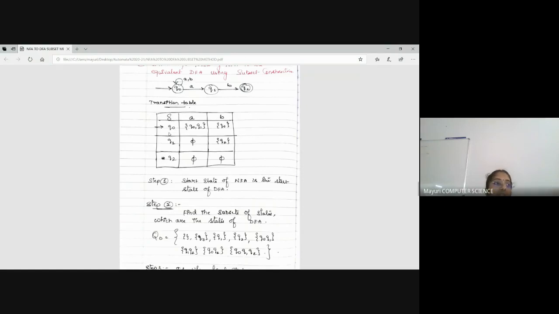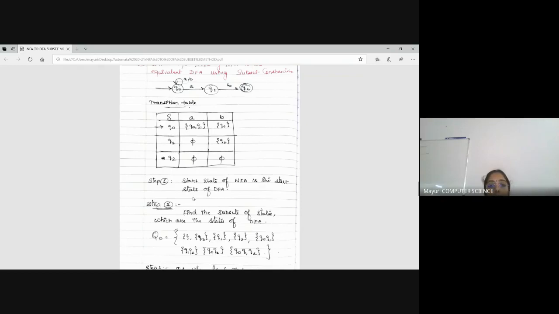Then what is the start state of my DFA if I construct? The start state of the NFA is the start state of the DFA. So Q0 is the same state for the DFA also.